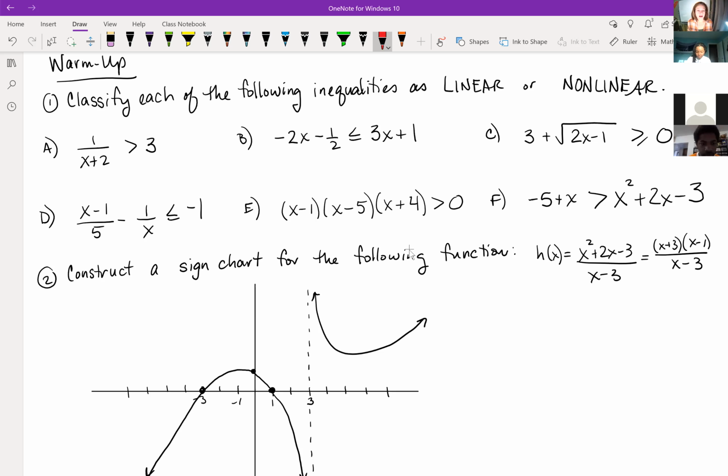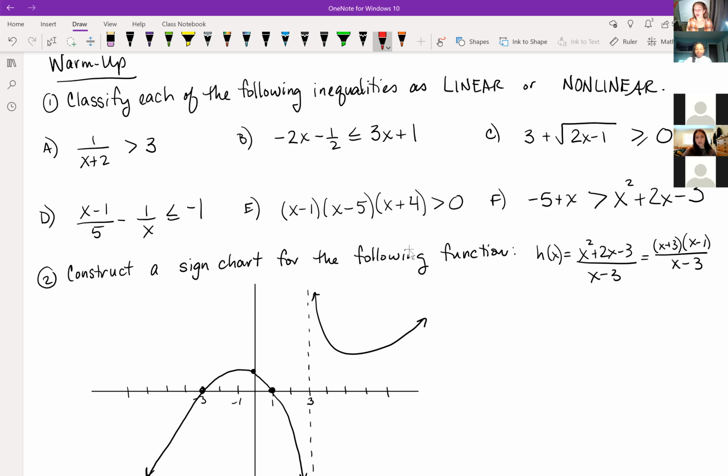Okay, part A, linear or nonlinear? Anybody want to take a guess? You can put it in the chat too if you don't want to say it out loud. How about this? Let's do some interactive class time here.